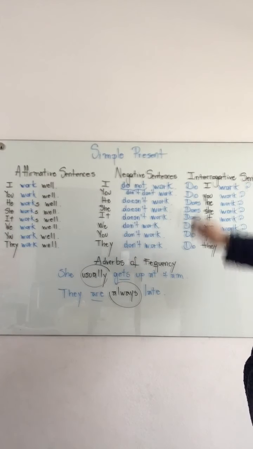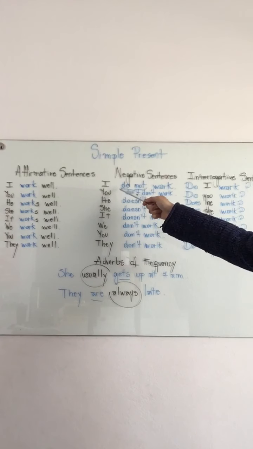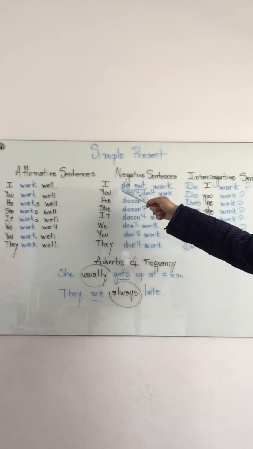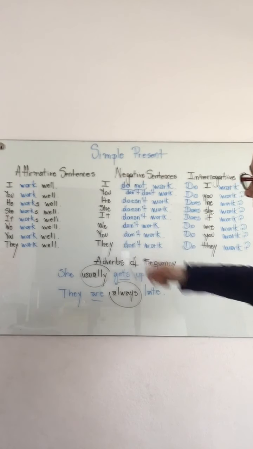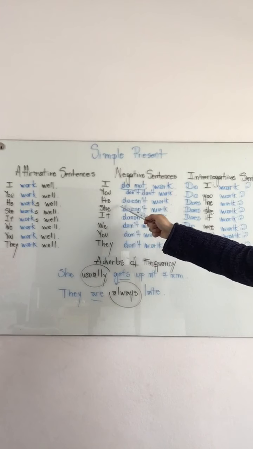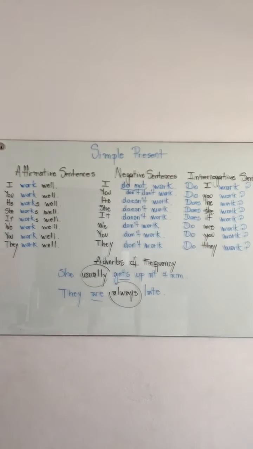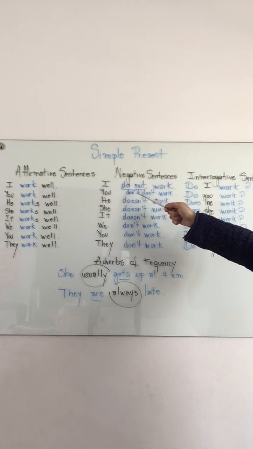Negative sentences, we need auxiliaries, either the auxiliary do or does. We are going to use do for I, you, we, you, and they. And we are going to use does plus not, the adverb of negation, for he, she, it. So we are going to say, I don't work.